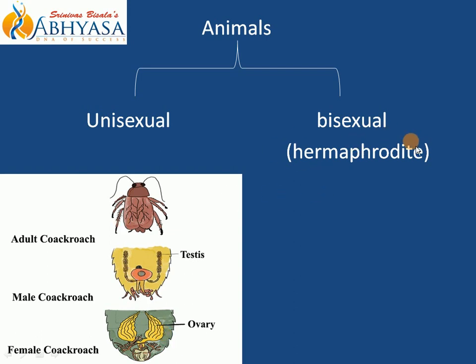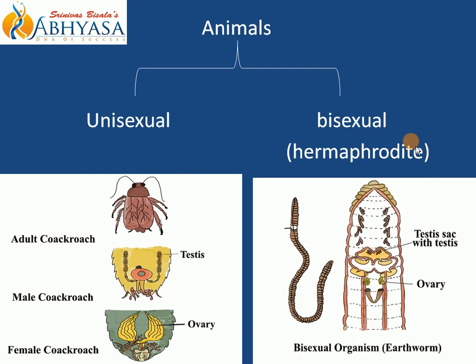Now bisexual organism: both the sexes are present in a single individual. The example we have shown here is earthworm. Earthworm is hermaphrodite in nature. Now you could see here testes and ovaries in a single individual.